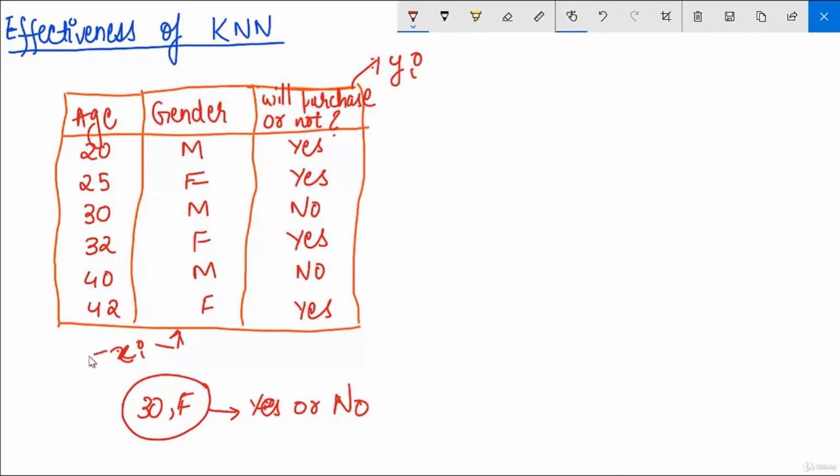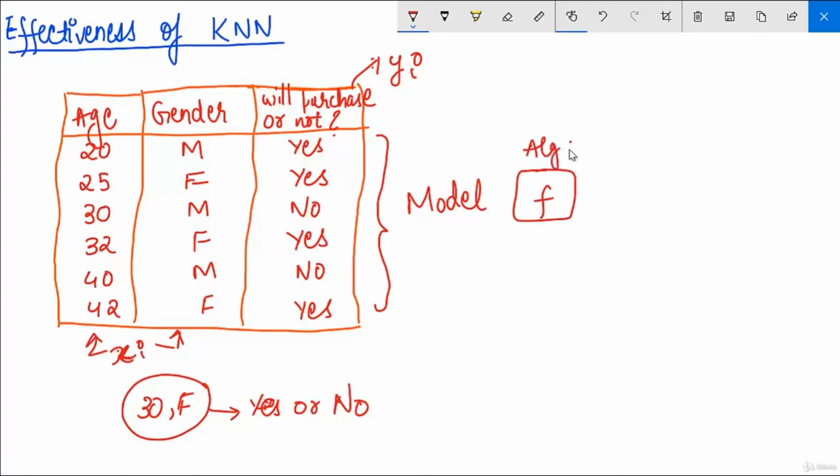So dimension is 2, everything is clear, right? Okay, so we create a model here, an algorithm f, to predict whether she will purchase or not.